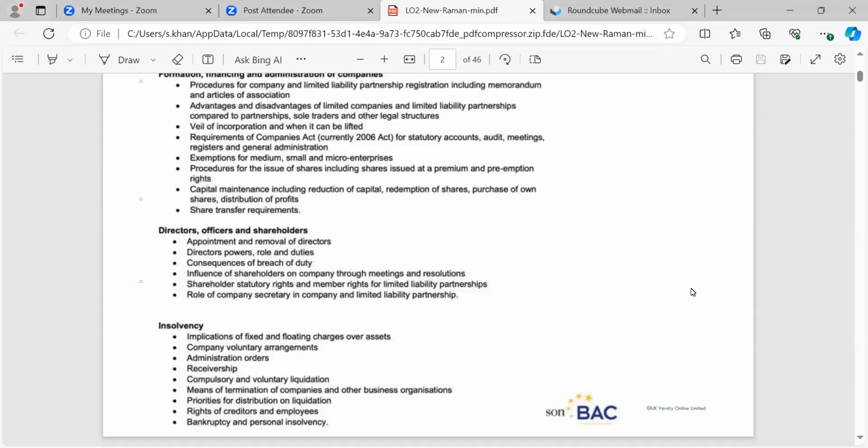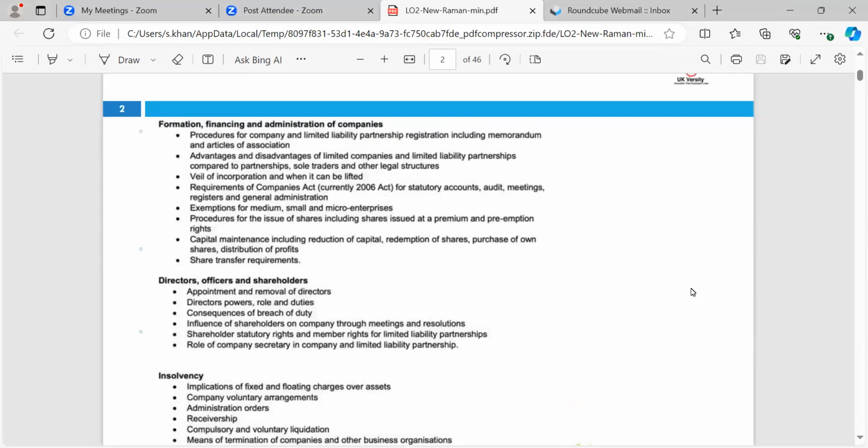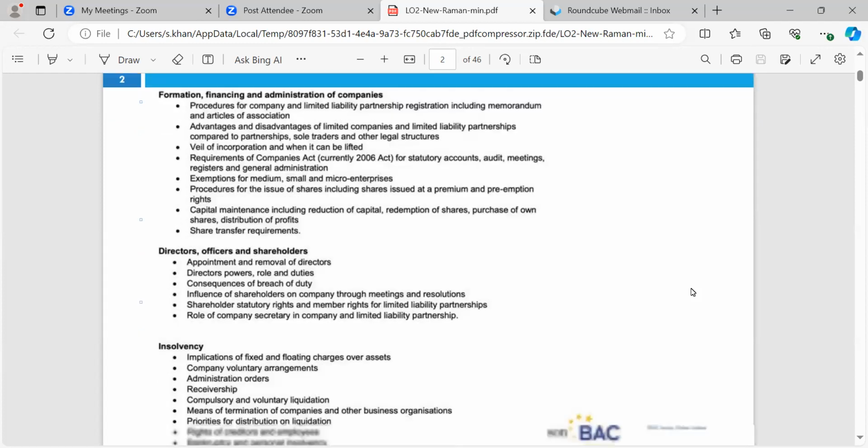Firstly, we look at the formation, financing and administration of companies, procedures for companies and limited partnership registration, including memorandum and articles of association, advantages and disadvantages of limited companies and limited liability partnerships compared to partnerships, sole traders and other structures, the veil of incorporation and when it can be lifted, requirements of the Companies Act for statutory accounts, audit, meetings, registers and general administration, exemptions for medium, small and micro enterprises, procedures for the issue of shares, including shares issued at a premium and preemption rights, capital maintenance, distribution of profits, share transfer requirements.